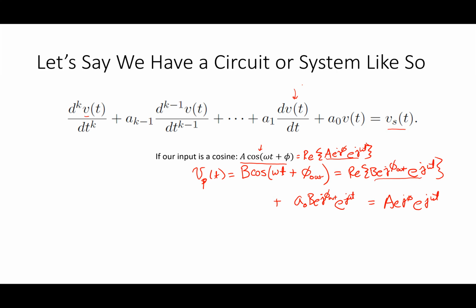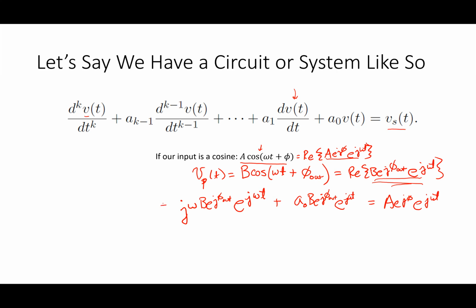What happens when I take the first derivative of this? You would just pull down the j and the omega. Yes, I have j omega times B e to the j phi out times e to the j omega t.